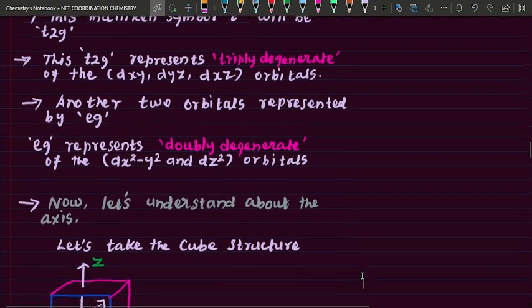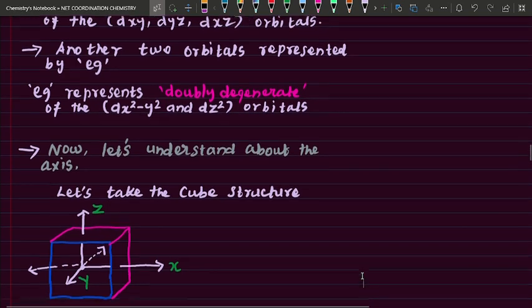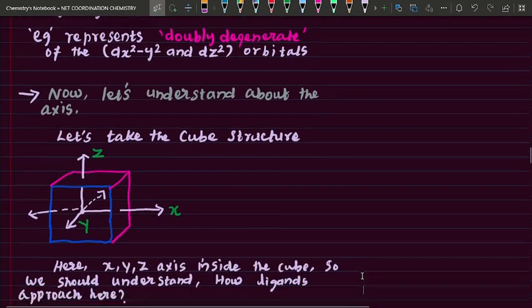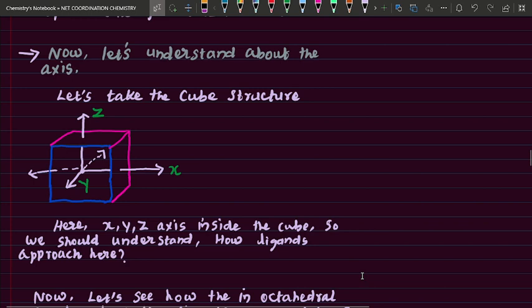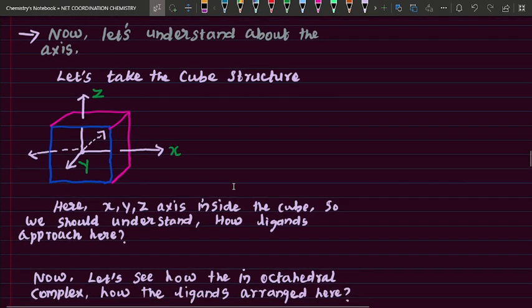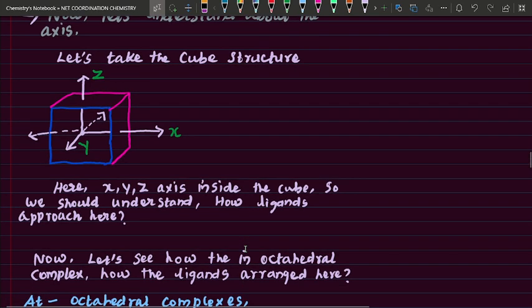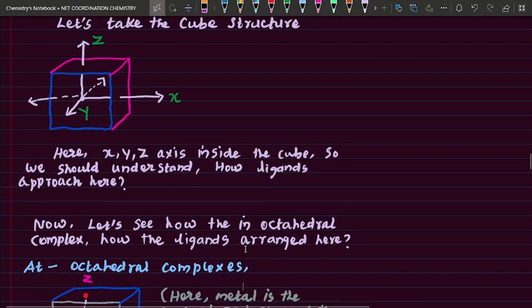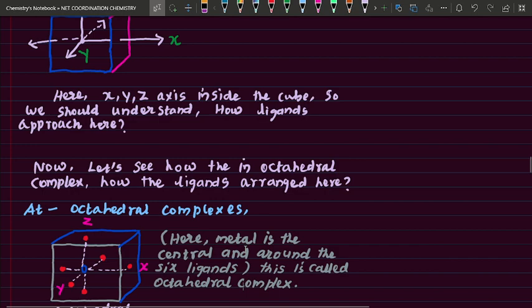Now let's understand the axes. Let's take the cube structure. Here the x, y, z axes are inside the cube, so we should understand how ligands approach. Please see the structure. Now let's see how the ligands are arranged in an octahedral complex.